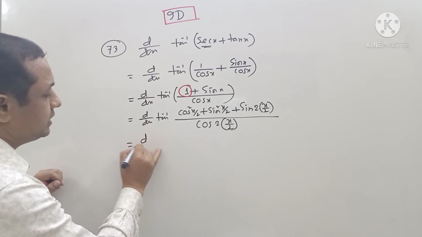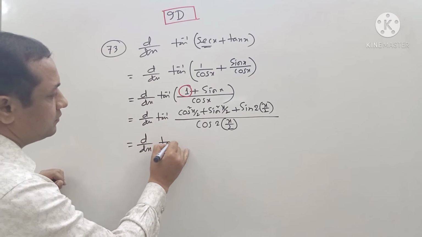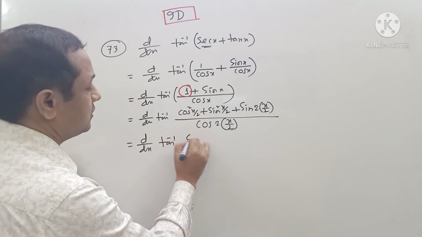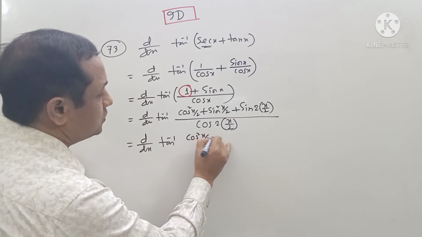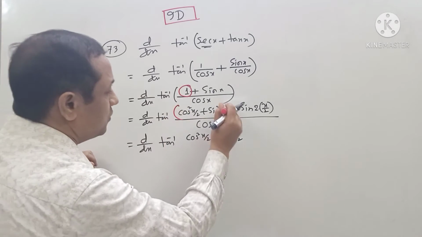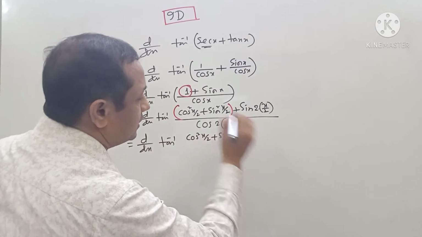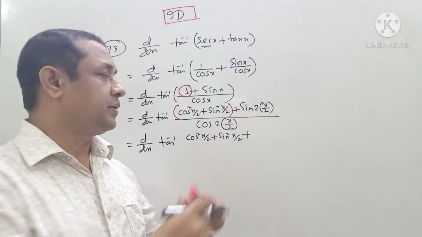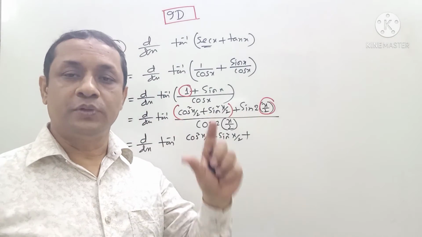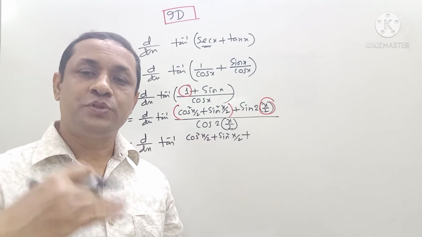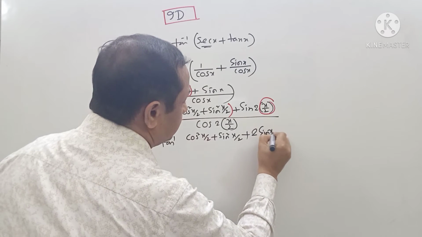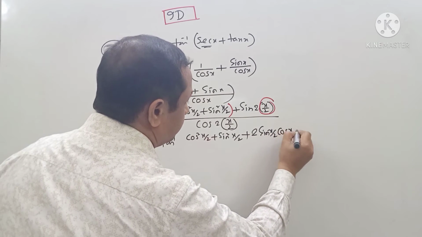So students, next line: d/dx of tan inverse, cos square x by 2 plus sin square x by 2, this is 1. Using the formula sin 2a, we know that sin 2a equals 2 sin a into cos a.